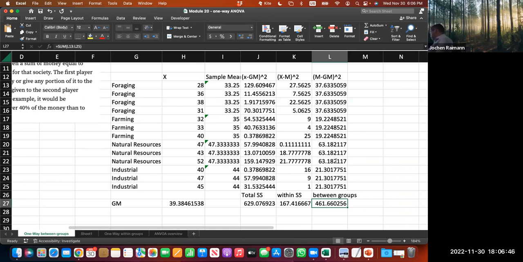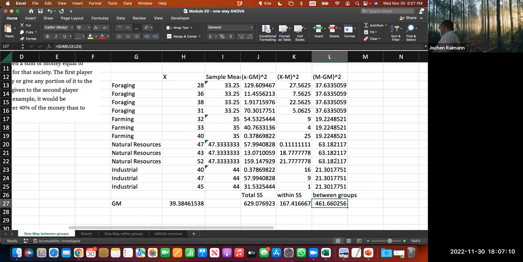If you square that, this gets you to your total sum of squares. If you calculate X minus the sample mean for each entry, you need to repeat the calculation as you need to place that group mean in that calculation, and you do X minus M squared. This gets you to the within group sum of squares.